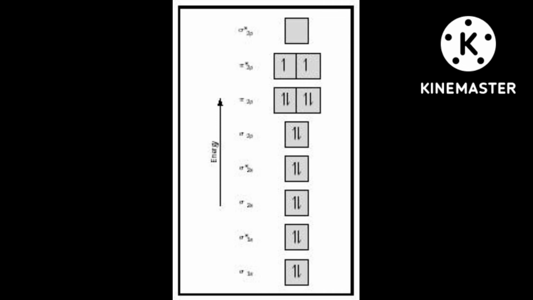Same two molecular orbitals condition I am talking about. Suppose two atomic orbitals are there, and they will make two molecular orbitals. The bonding molecular orbital will be down because its energy will be less, and anti-bonding will be up.